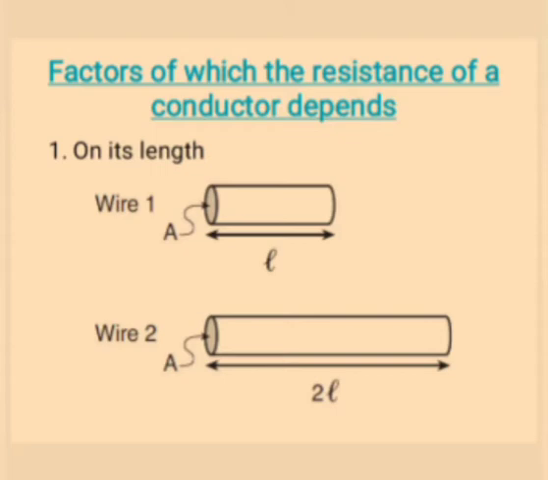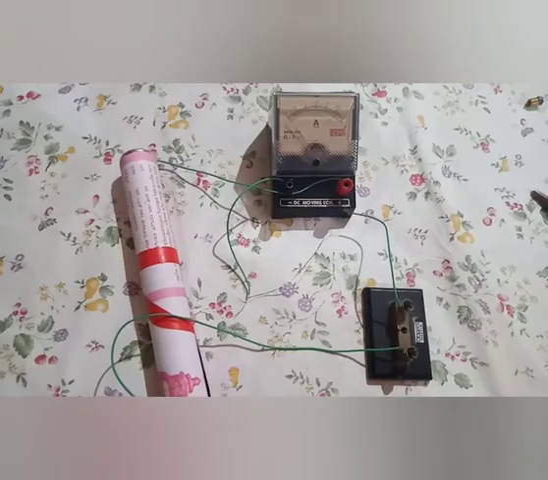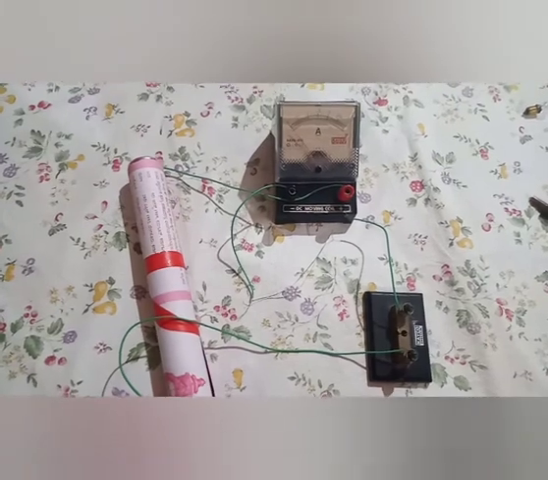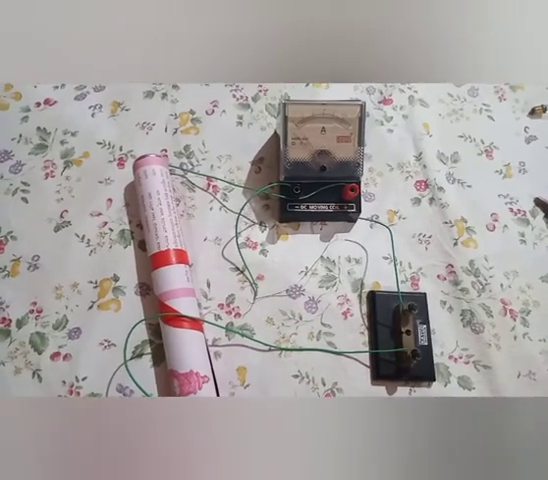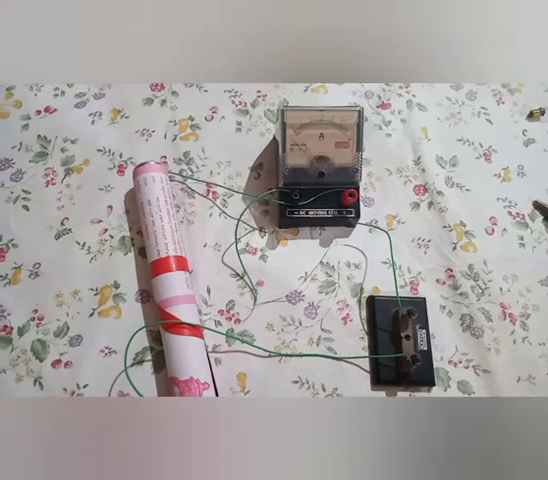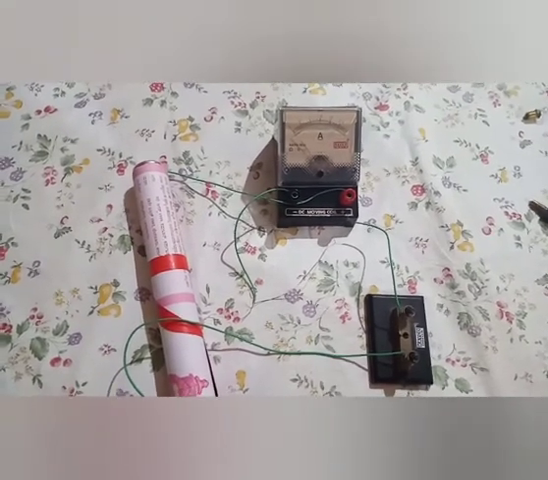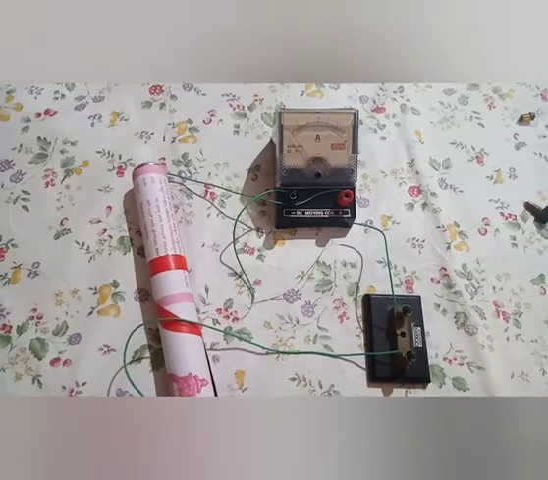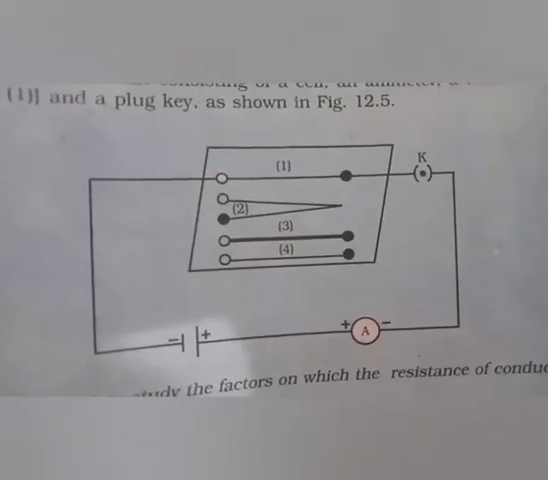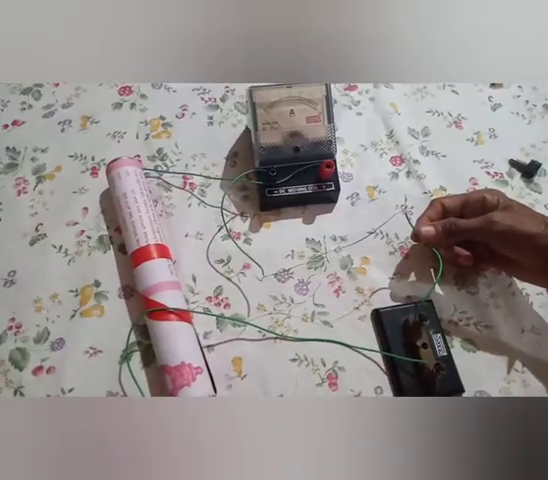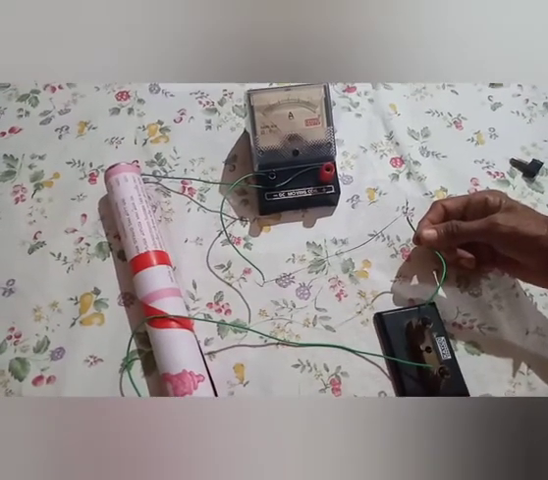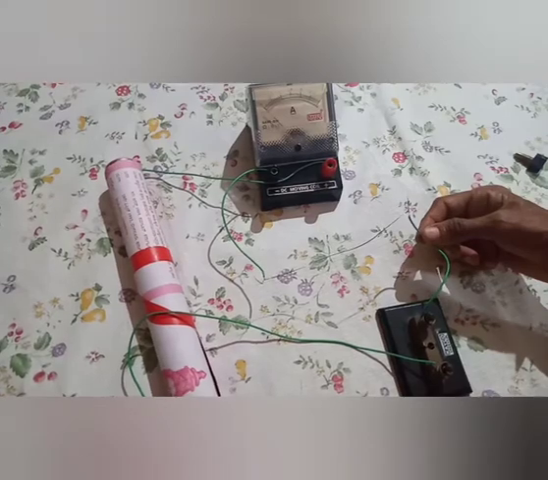Let us see the factors on which the resistance of a conductor depends. Let us perform an activity. Activity 12.3. Complete an electric circuit consisting of a cell, an ammeter, a nichrome wire and a plug key as shown in the figure. Now the circuit is ready by connecting nichrome wire.